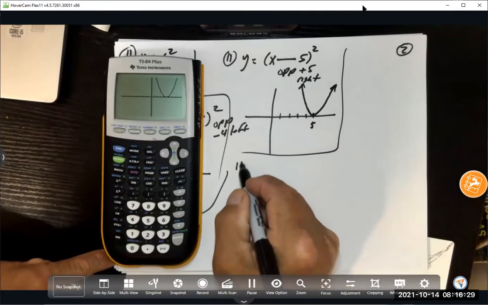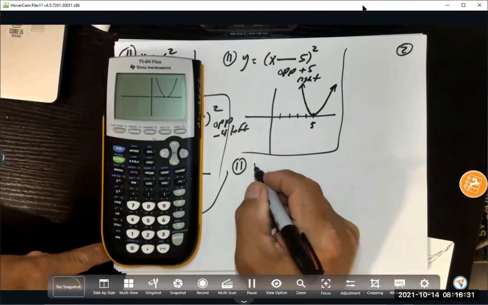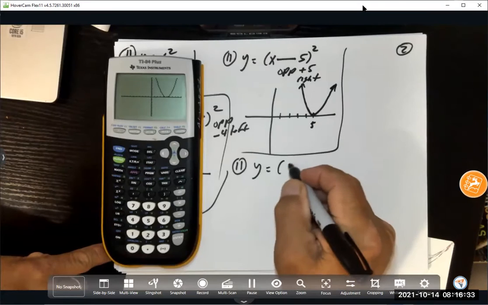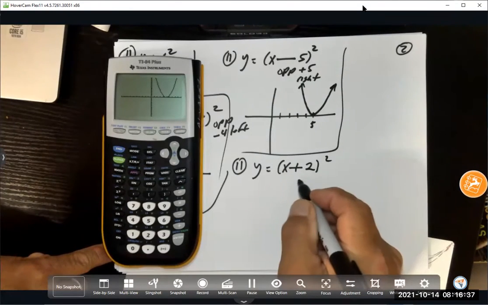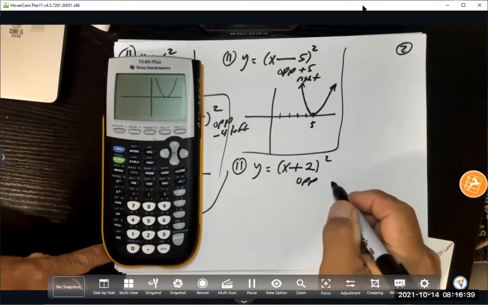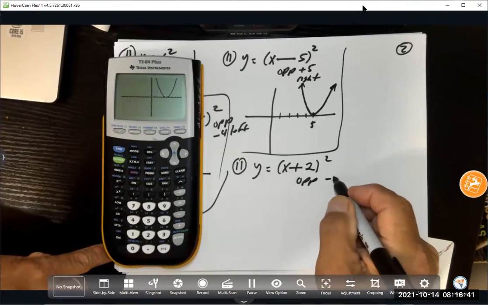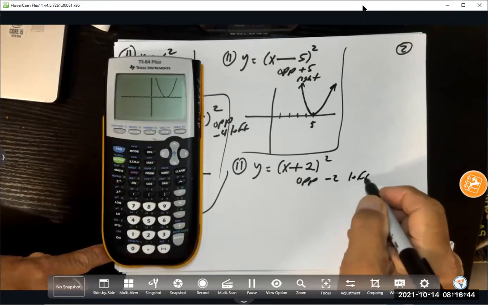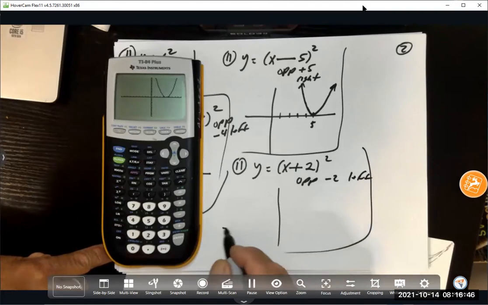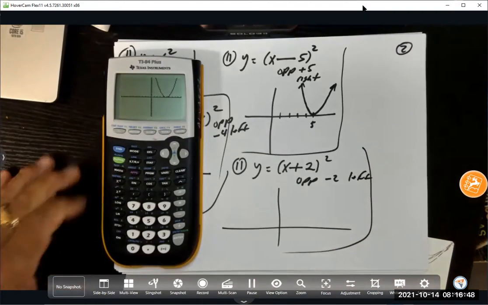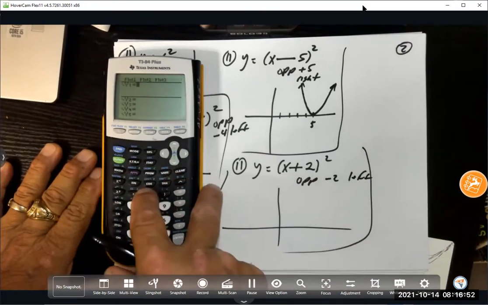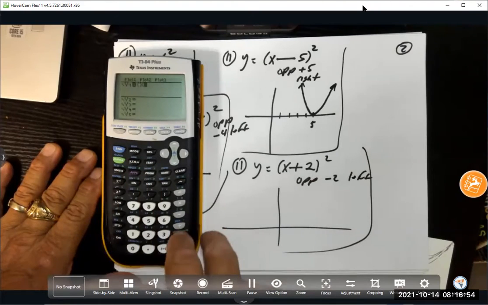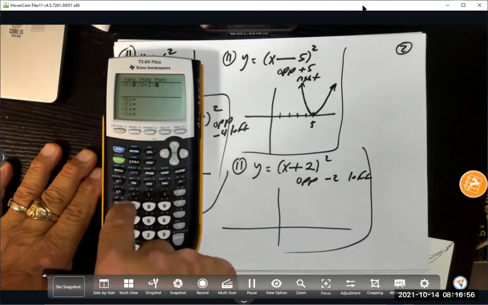All right. So number 11, another one was y equals x plus 2 squared. It's gonna do the opposite. It's gonna go -2, left. Okay. If I draw the picture right there, put it in the machine, do it. So y clear, parentheses, x plus 2 squared.